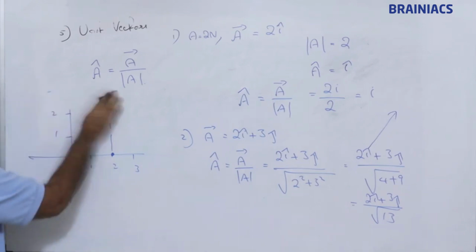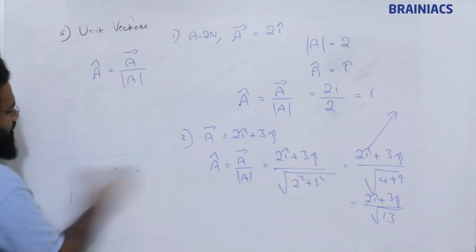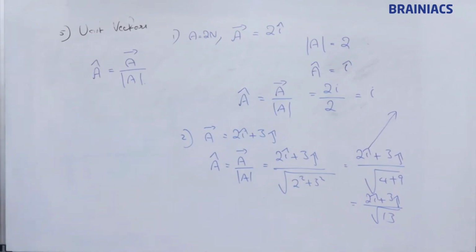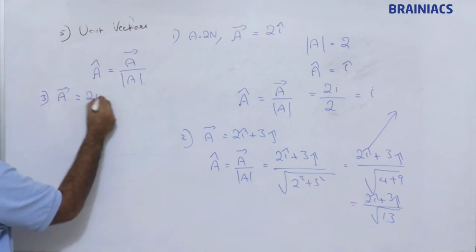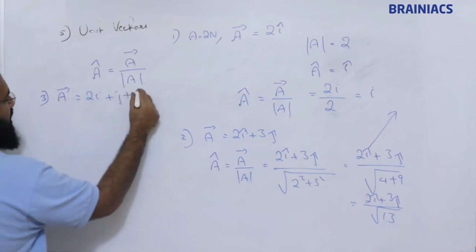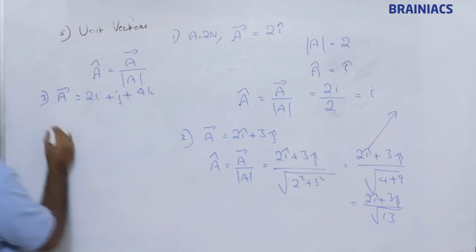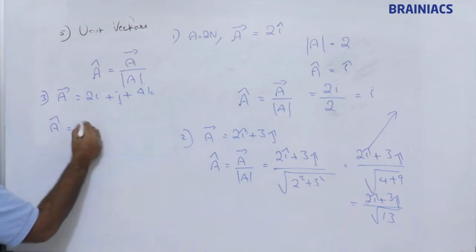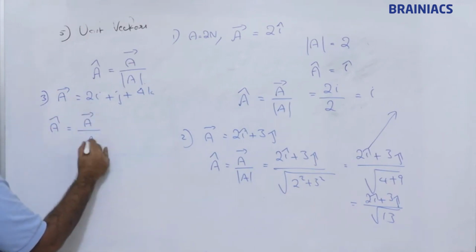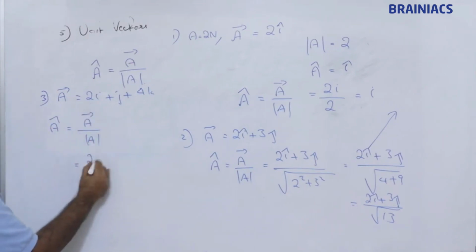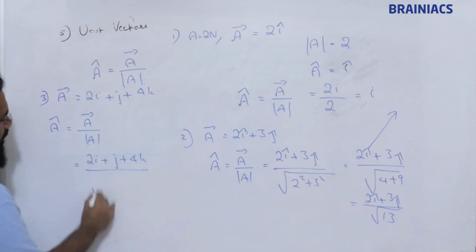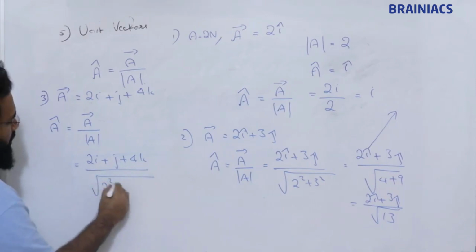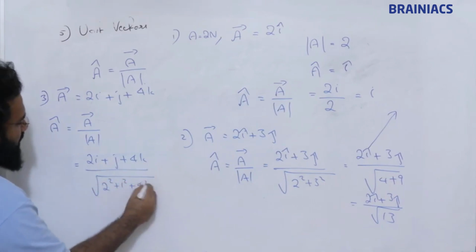Now suppose we take another example. Here vector a is equal to 2i plus j plus 4k. What is its unit vector? Vector a divided by modulus of vector a. So 2i plus j plus 4k divided by root of 2 square plus 1 square plus 4 square.